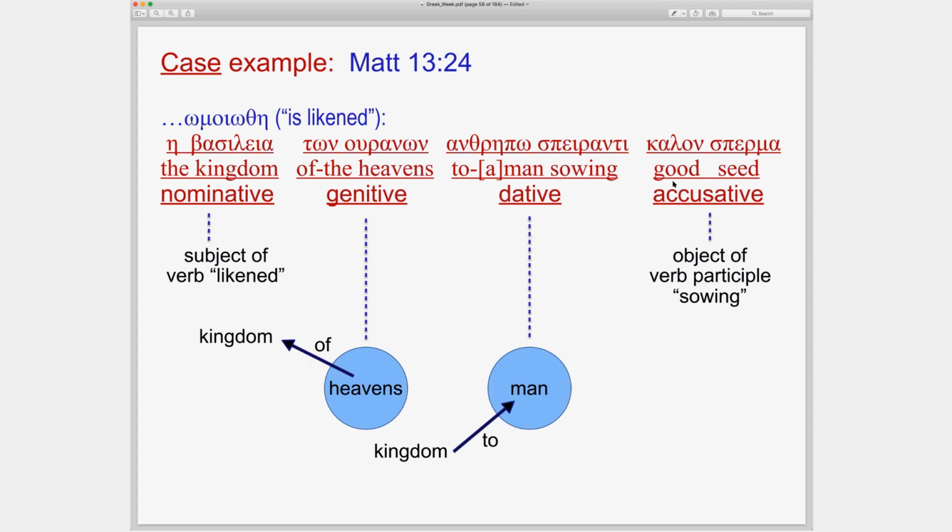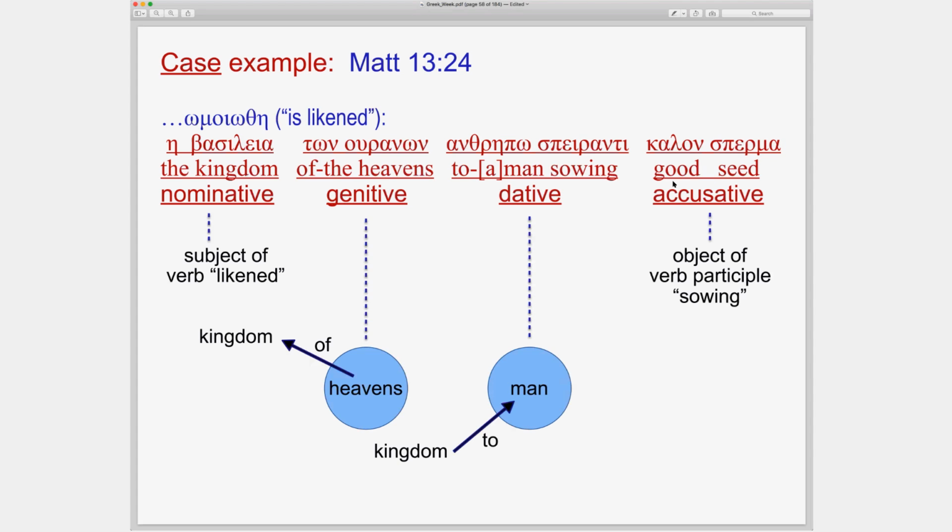Likewise, if I switch this around, to a man, to be genitive, it would become of a man. So it would be the kingdom of man. If they were both genitive, then it would be the kingdom of the heavens of a man. So both the man and the heavens are of the kingdom.